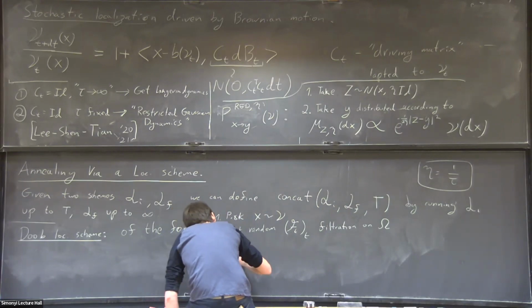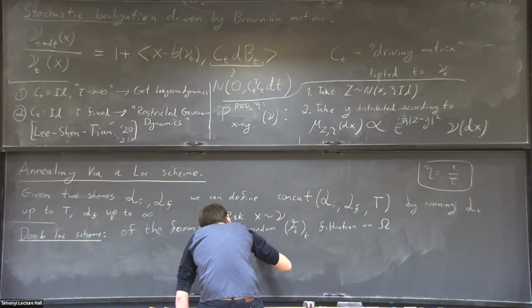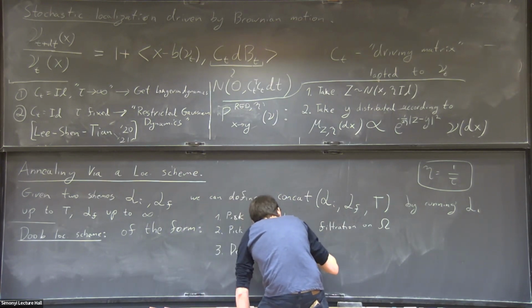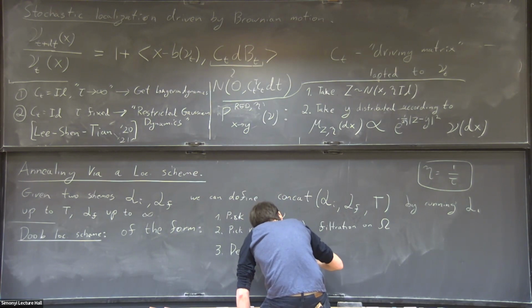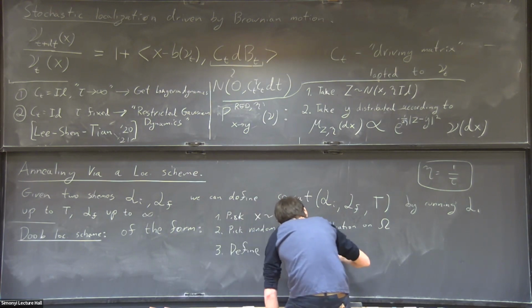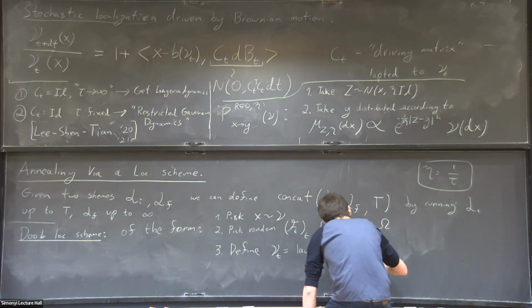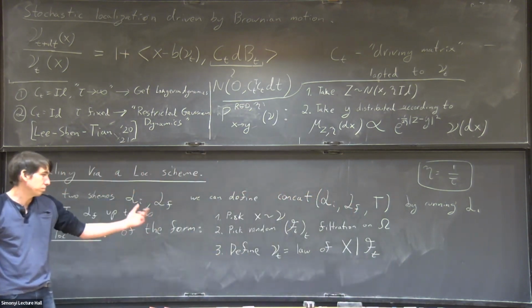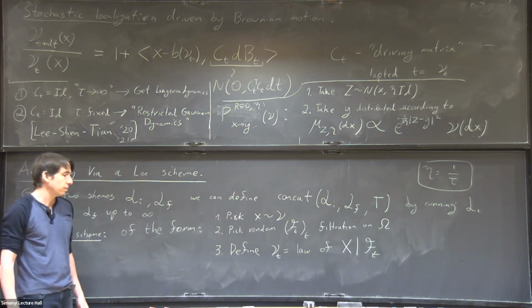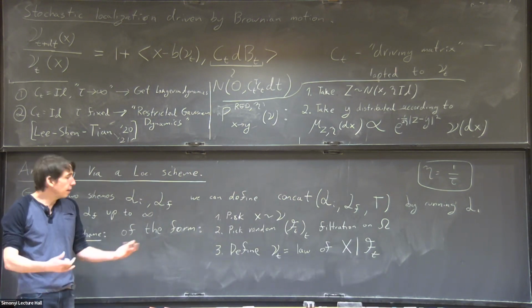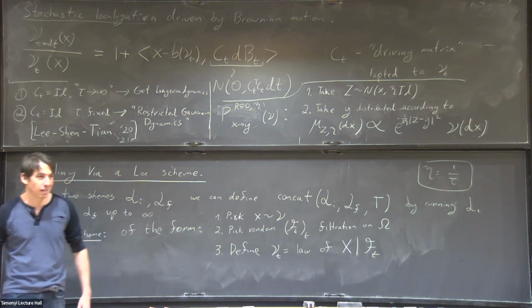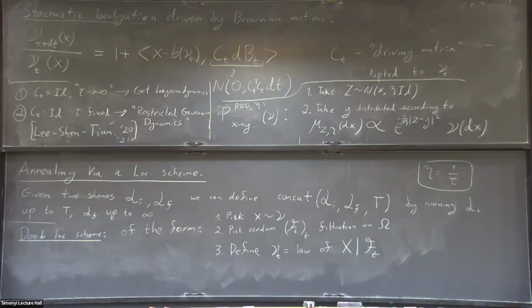Three, define mu_t to be the law of X conditioned on F_t. It's a general revelation scheme. Any revelation scheme is a localization scheme, and that's actually a much better term for this. Okay.